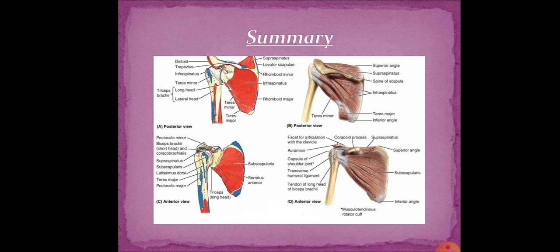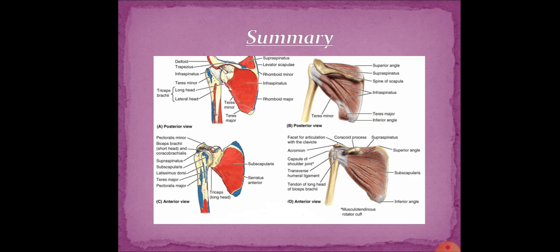Subscapularis is supplied by upper and lower subscapular nerve. Teres minor is supplied by the axillary nerve. Teres major is supplied by the lower subscapular nerve.